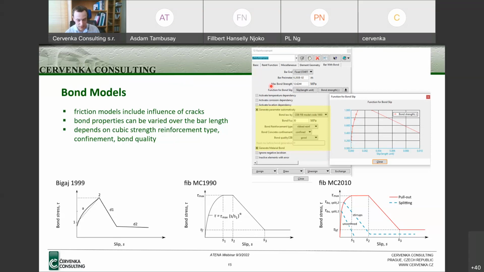However, even if you are using solid elements and modeling some micromechanical problem, you can use this bar with bond function and calibrate the function for bond slip based on your experimental data.